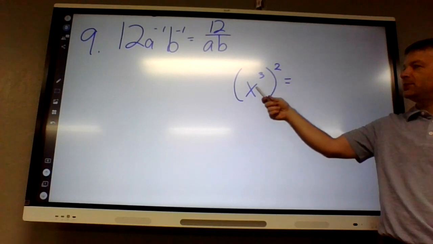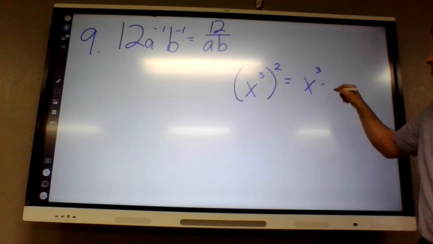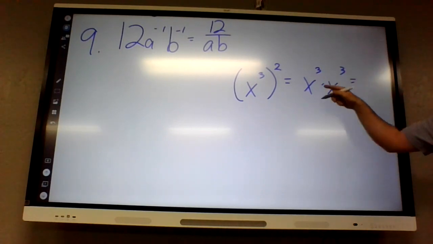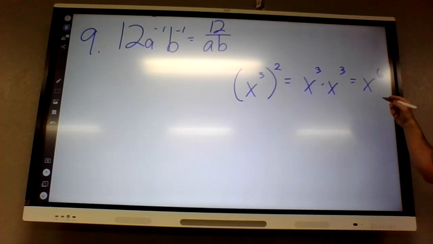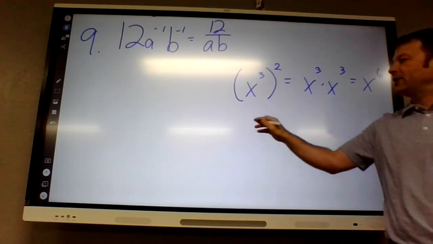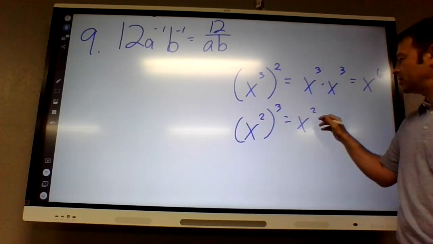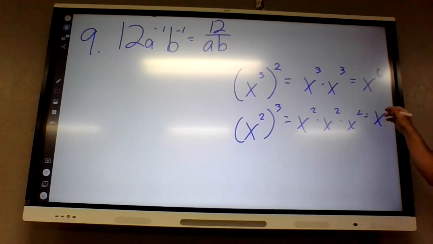That's what squared means. So it means x cubed times x cubed. You guys get it? And what is x cubed times x cubed? Six. Okay, or if I did it the other way, x squared cubed means x squared times x squared times x squared. What's that equal? Also x to the 6.